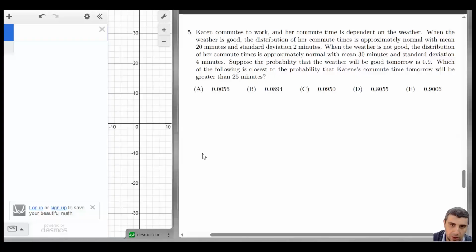Here we have to consider a couple of things. The probability that her time is greater than 25 minutes depends on two things, whether the weather is good or whether the weather is bad. Well, there is a 90% chance for good weather, which implies a 10% chance for bad weather.